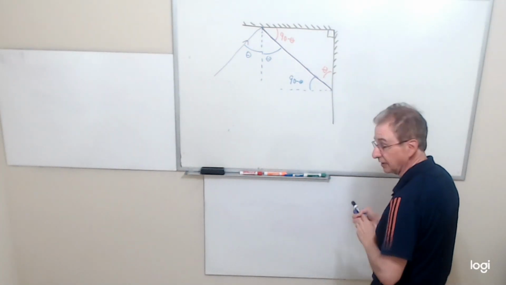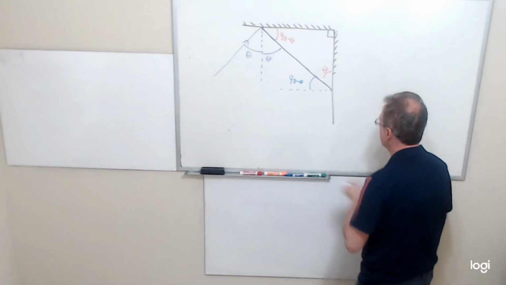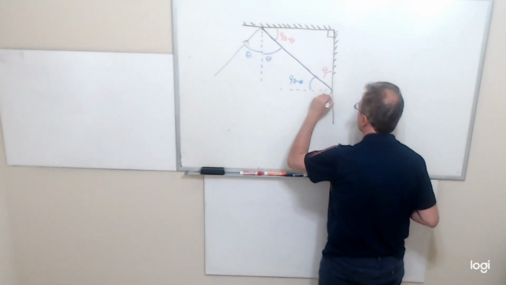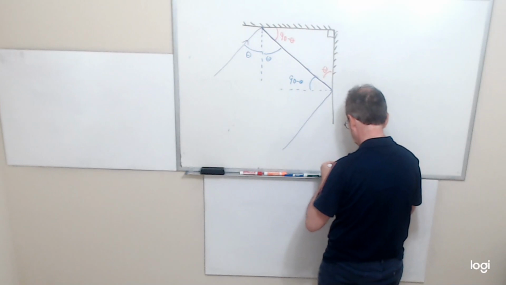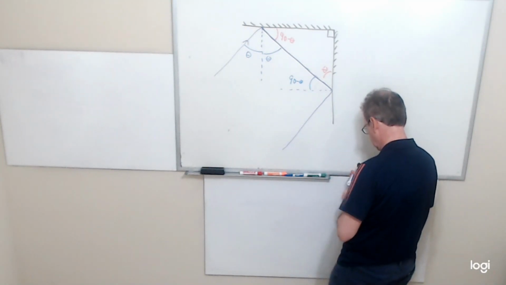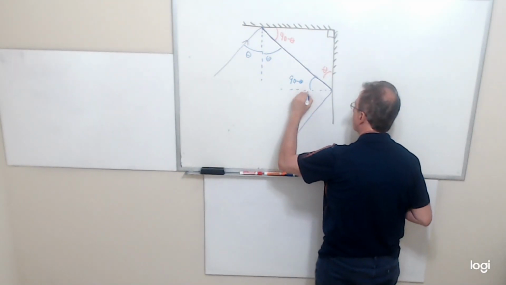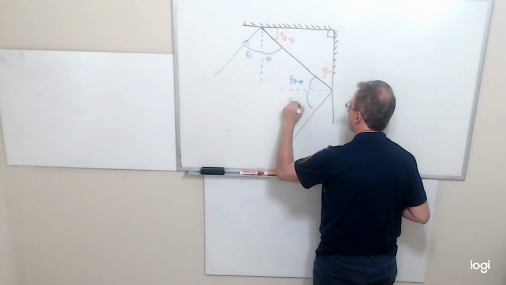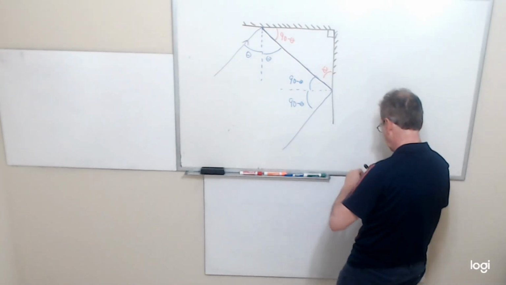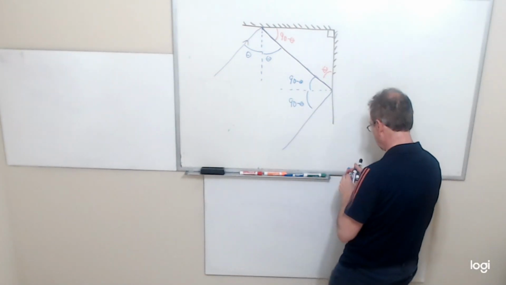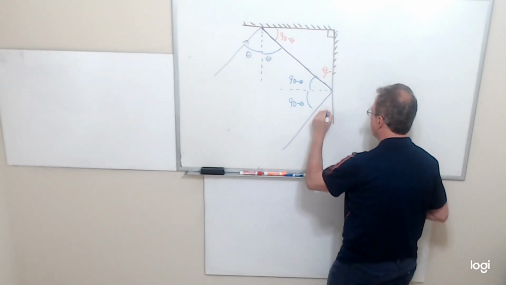And so what's going to be the angle of reflection? 90 minus theta. Well, if that angle is 90 minus theta, this angle is theta.